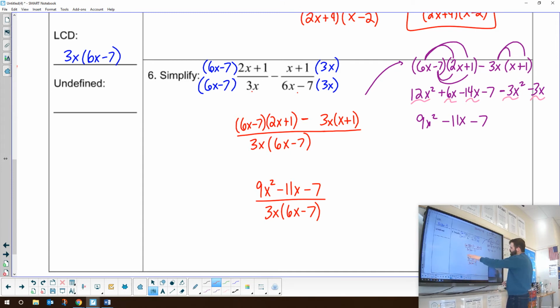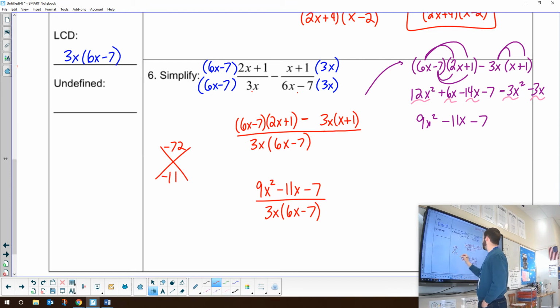Now, we can check and see if this is factorable, because if we can factor the top, then we can cancel things out. Now, we could try out our x and our plus. 9 times negative 7 is negative 72. We have a negative 11 on bottom. I mean, not negative 72, it's going to be negative 63. Sorry about that.